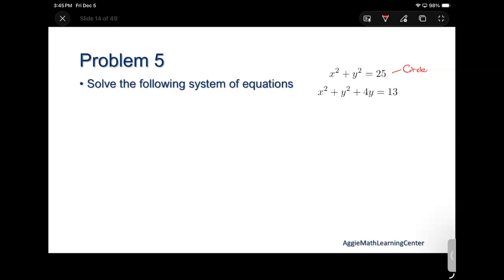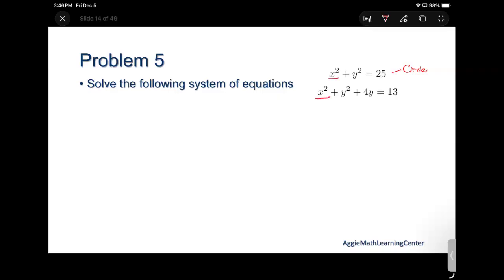We're trying to solve for the same thing, where the two equations are equal. So what we want to do is find a term in one equation that we can substitute into the other equation. Notice how both have x squared.